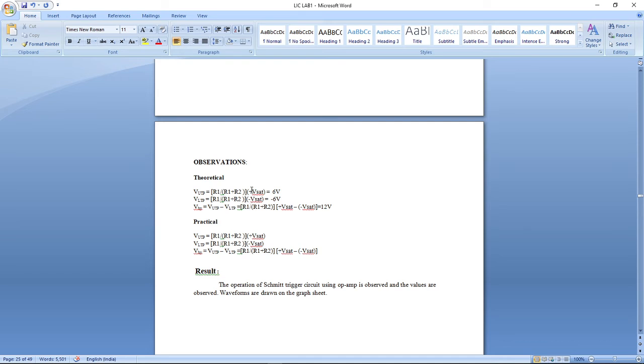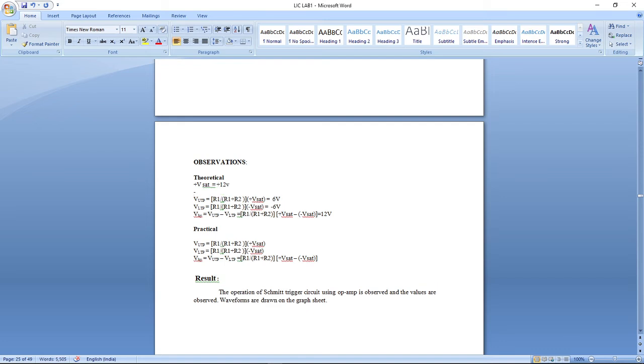Okay, the theoretical value of plus VSAT is plus 12 volts and minus VSAT is minus 12 volts.